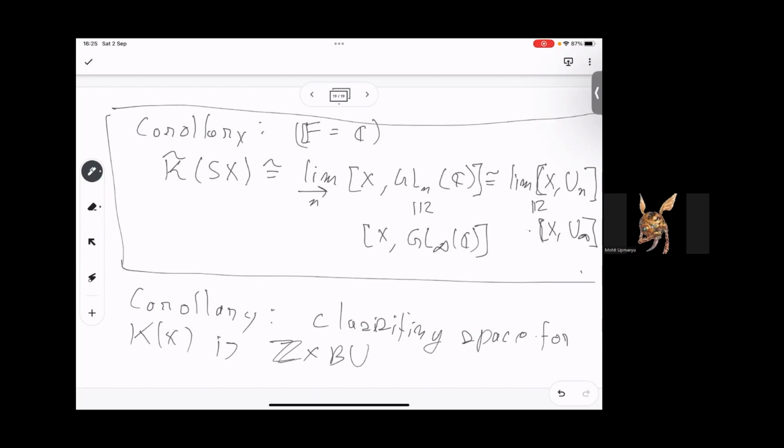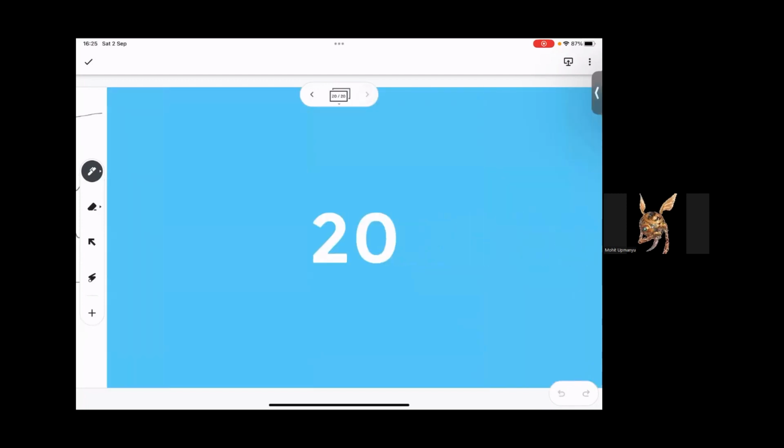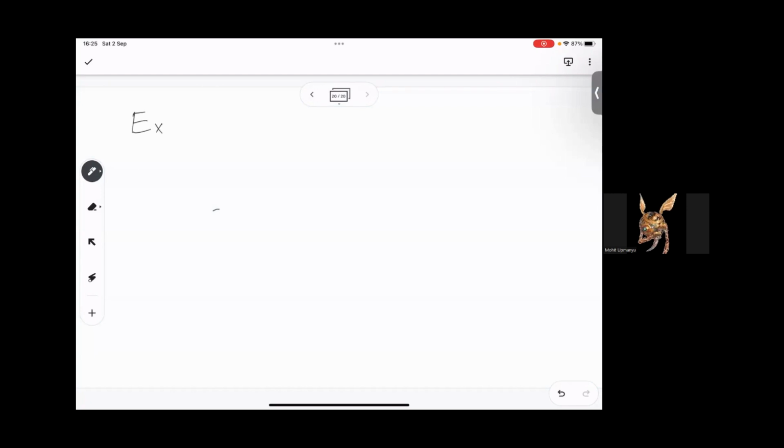This we can use to compute vector bundles on spaces, right? So for example, S2, which one can also think of as P1(C), by the way.